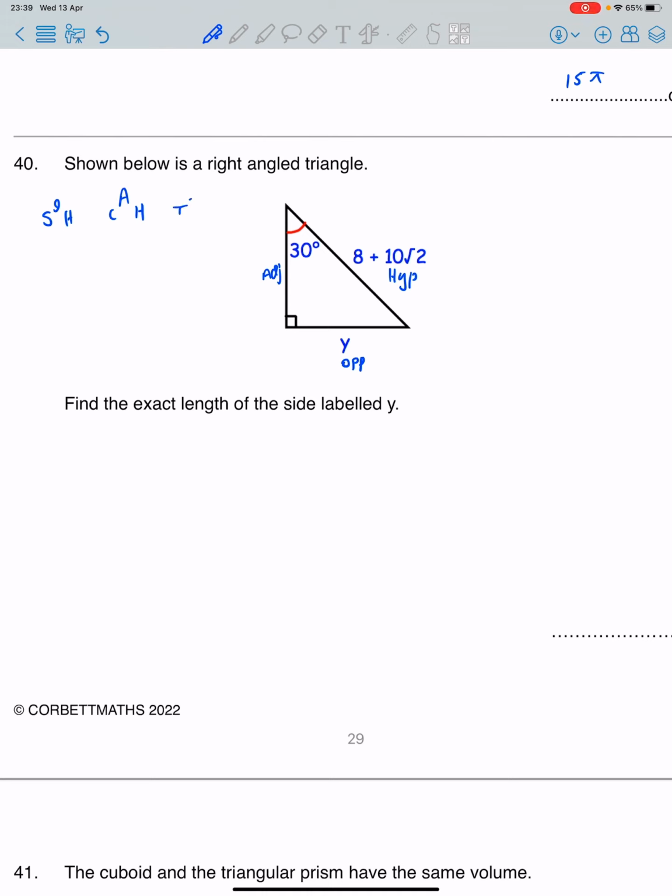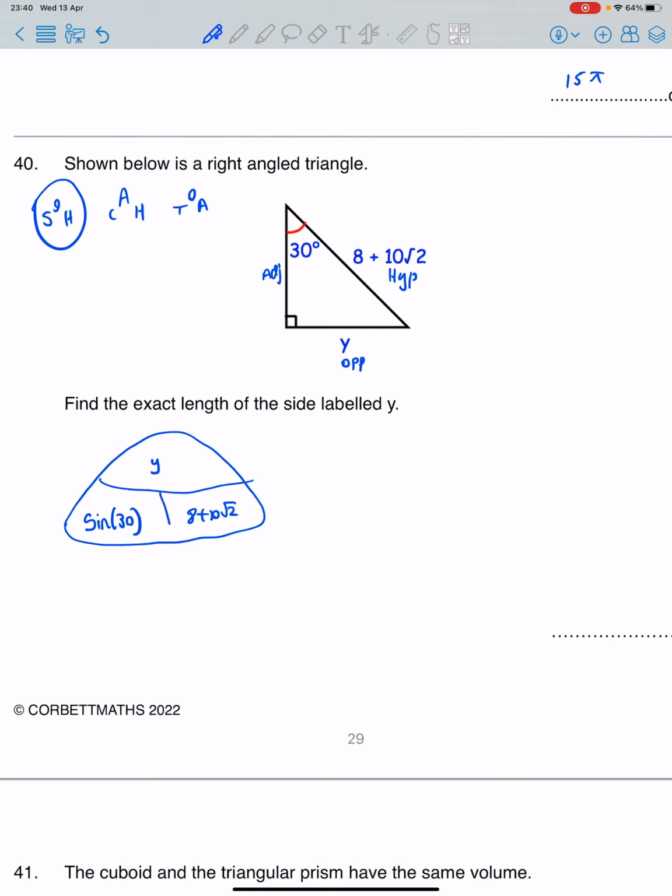So of the SOH CAH and TOA, which of these triangles has both opposite and hypotenuse? Well, it's the SOH one, so it's sine. So we've got sine 30, and we've got our opposite, which is our y, and we've got the hypotenuse, which is 8 plus 10 root 2. Okay, lovely stuff. And then from this triangle, we can see that y is going to be equal to sine 30 multiplied by 8 plus 10 root 2.